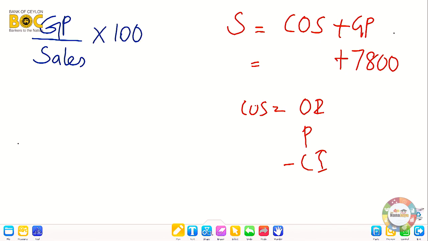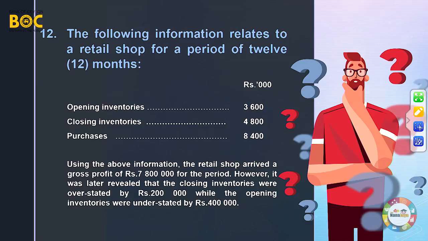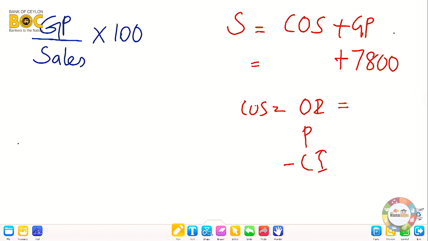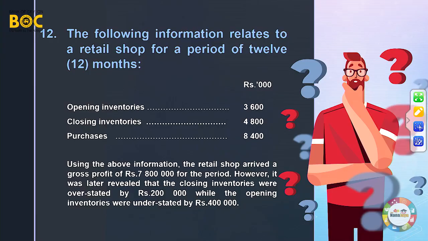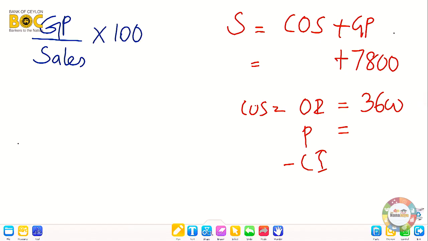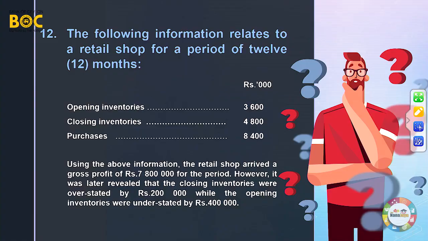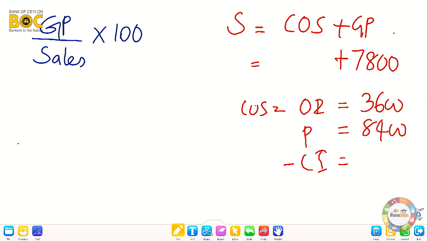The opening inventory, how much? In the question, opening inventory is 3,600. Then purchases, 8,400. Then the closing inventory, 4,800.